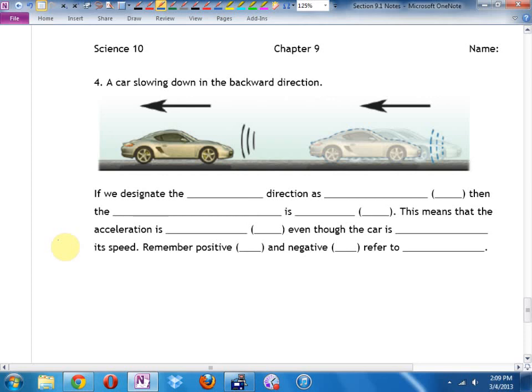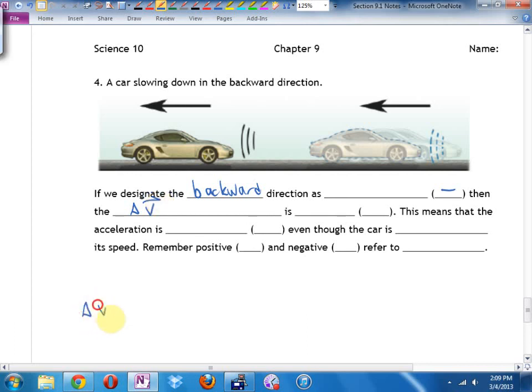If we designate the backward direction as negative, then the change in velocity is... Miller says positive. Convince me. I can.